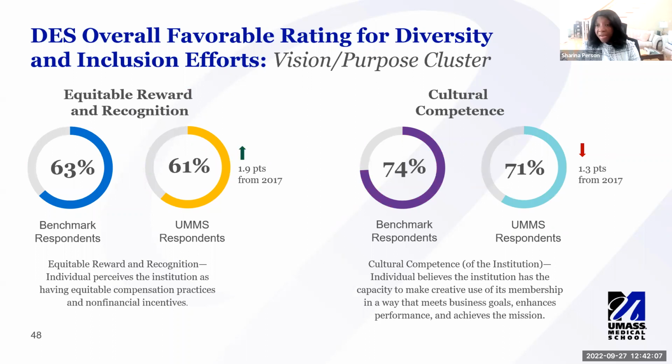Equitable reward and recognition historically is one of the lowest favorable rating factors. We are at 61%, so we're below the benchmark, but the benchmark itself is low in this category. So it's not like the benchmark is at 80-something%, but UMass is only at 61%. And that 61% is almost a 2-point increase from 2017.